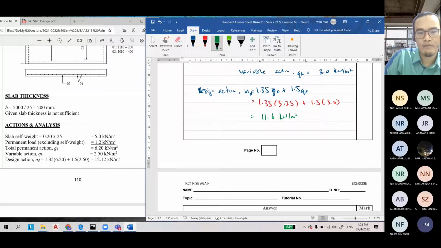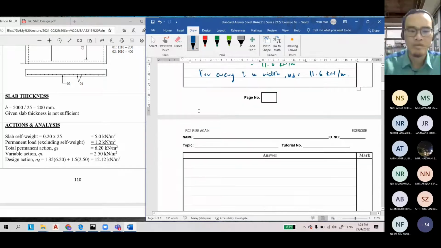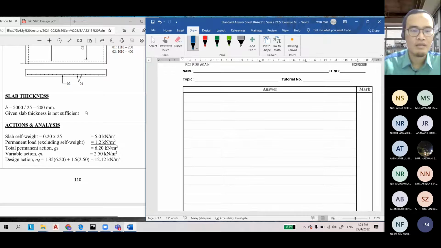So for every 1 meter width, nd is equal to 11.6 kilonewton. Now the unit is per meter. So simple. Don't waste your time.